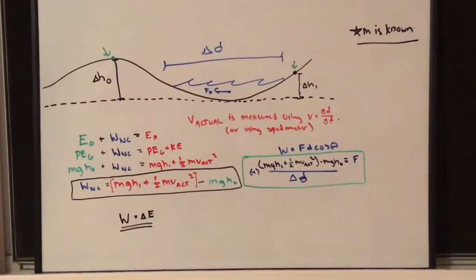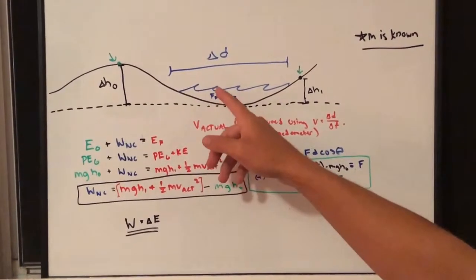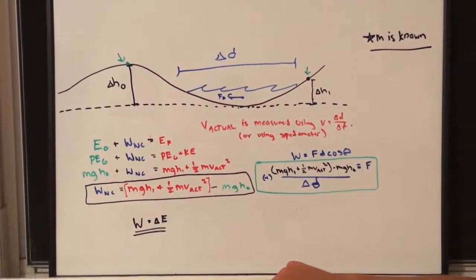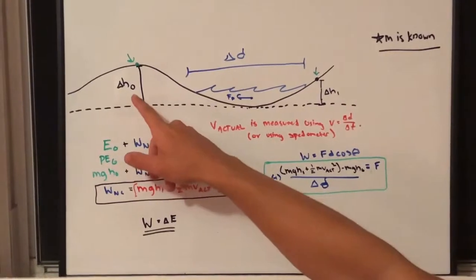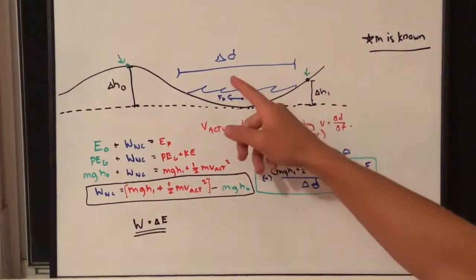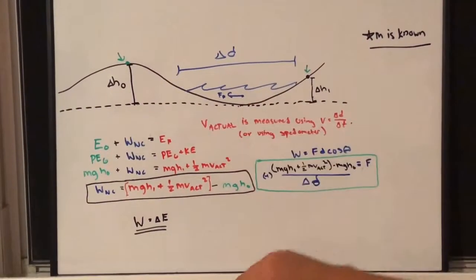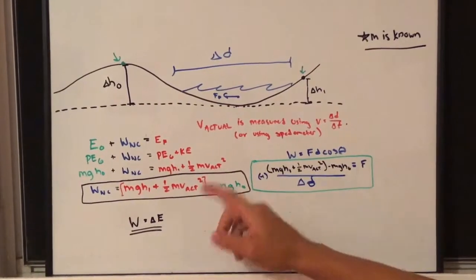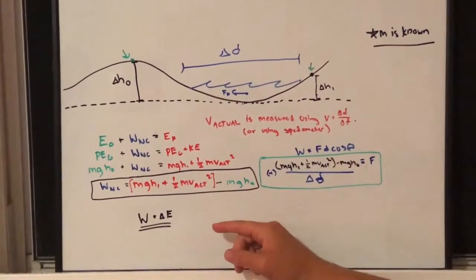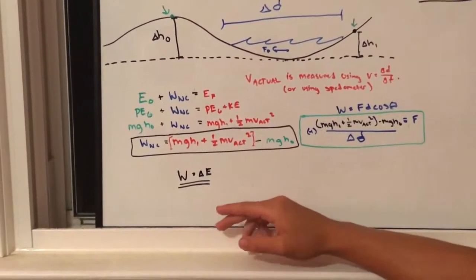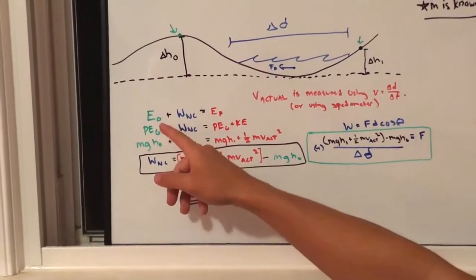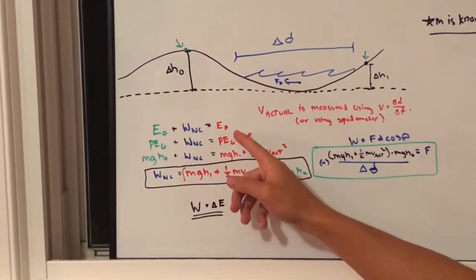In this problem we're going to be finding the friction of the water right here. And the variables we're going to have to know are the initial height, the final height, and delta D of the water. So work is equal to the change in energy. And in this equation, we have initial energy and we have final energy over here.